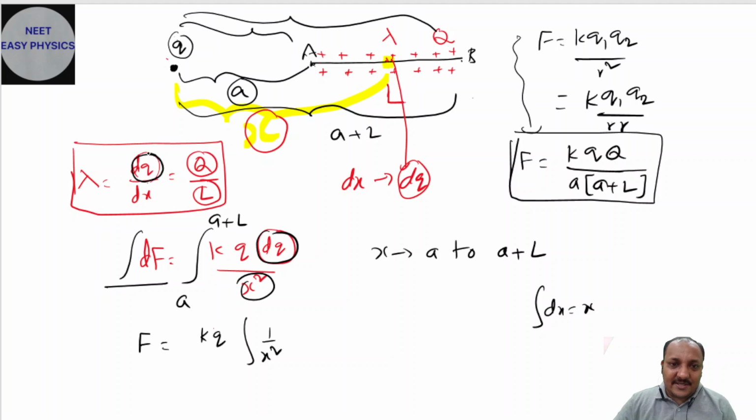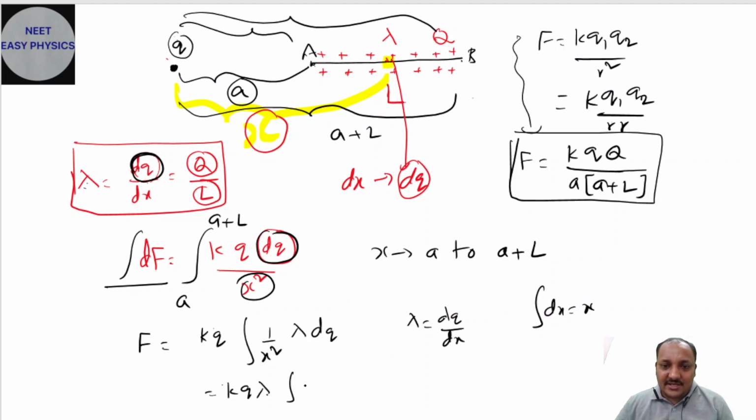Dq is equal to lambda dx, because lambda is dq by dx. So K q, lambda is constant, x power minus 2, lambda dx. In place of dq, we are writing lambda dx, x power minus 2 dx. Correct?